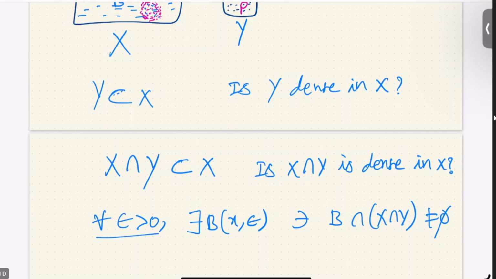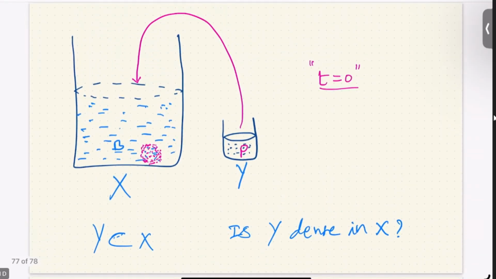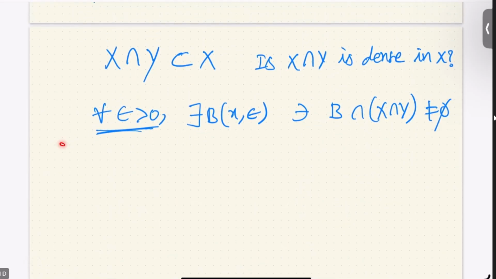For all epsilon, no matter whatever epsilon you choose, then we can say that X intersection Y is dense. So the denseness property we are bringing down to some local place, not everywhere. This is the definition of the local denseness property, or relative density, I could say.